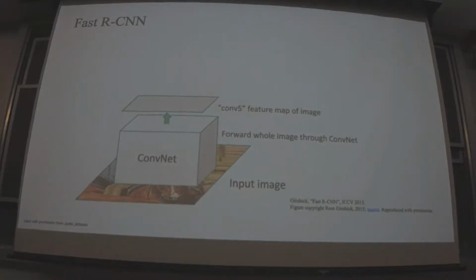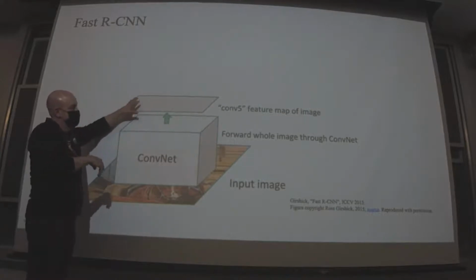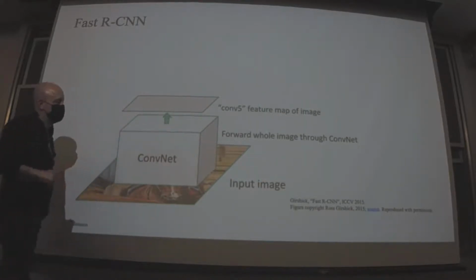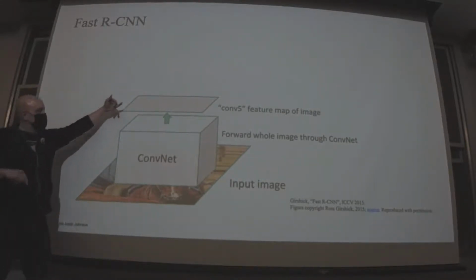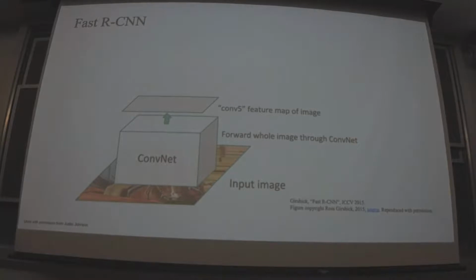And this is a feature map, so it's got spatial extent, it's got channels, and they do the region proposal here on this kind of abstract feature map rather than on the original image, which is kind of interesting, right?